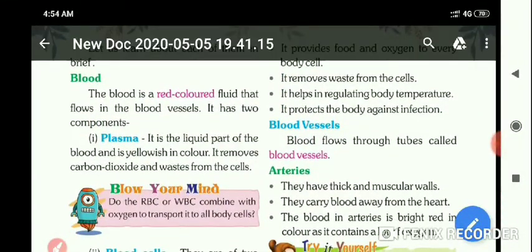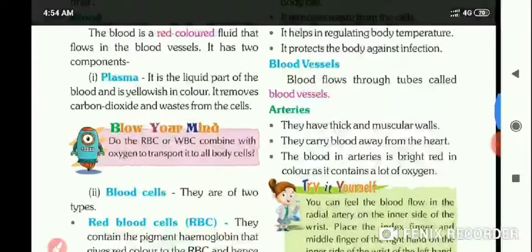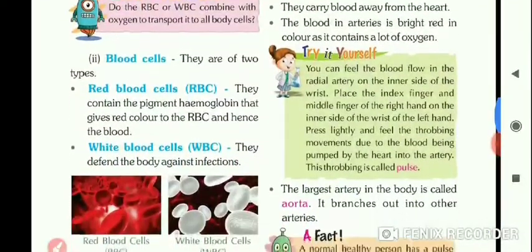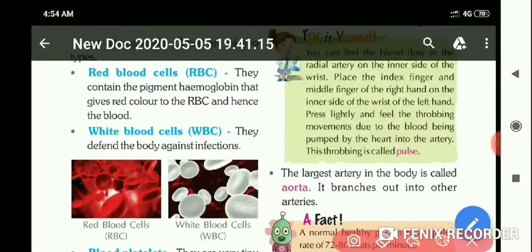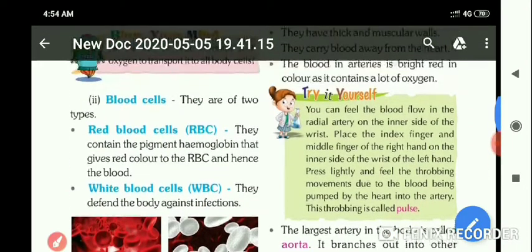See. Here it is given blood cells. Blood cells are given. Here it is mainly of 2 types, but it is of 3 types.